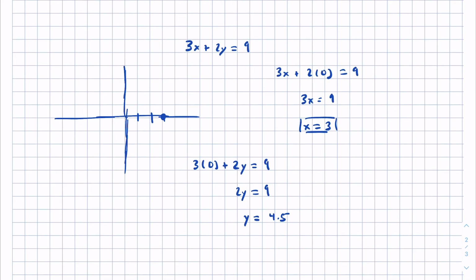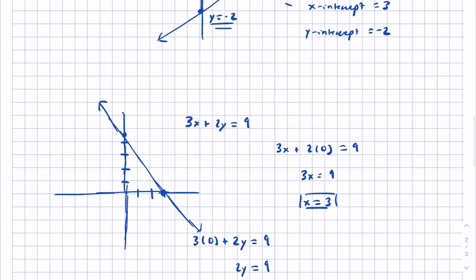So if you go back to our graph here, we want to count upwards 1, 2, 3, 4, and then halfway between the 4 and the 5. And then we can draw a line between these points, and then we have drawn the equation 3x plus 2y equals 9 on the graph.